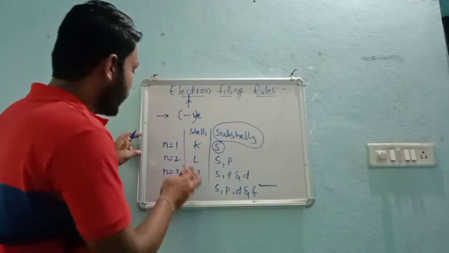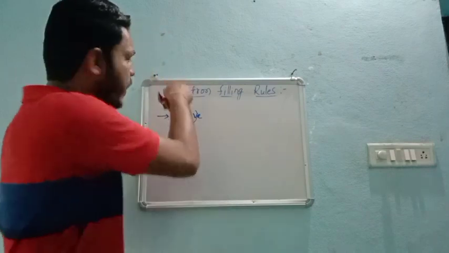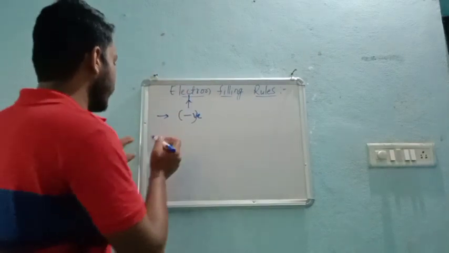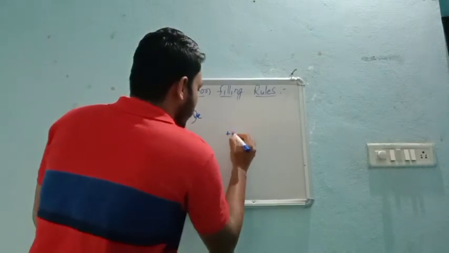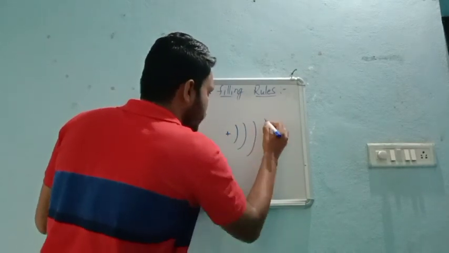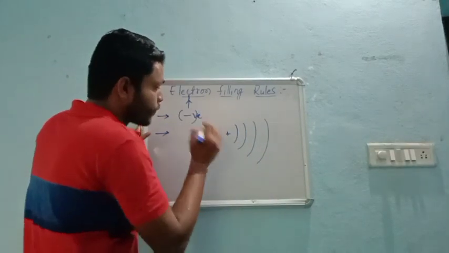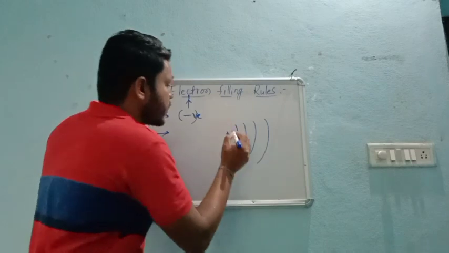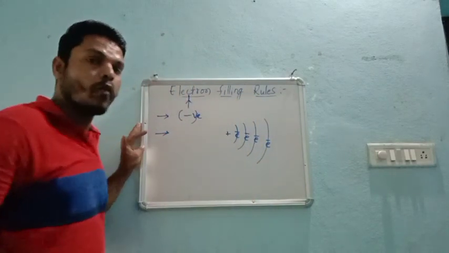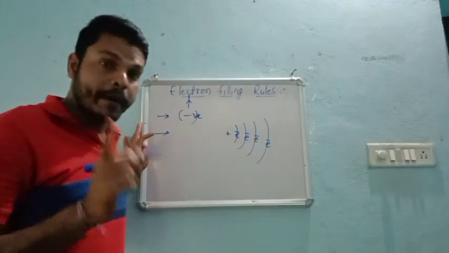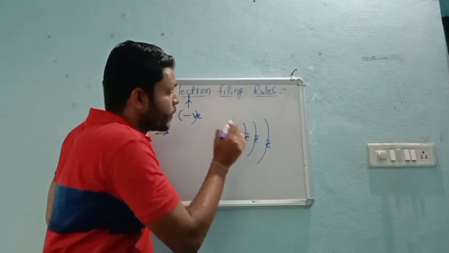So this is the second point about Bohr's atomic model of electron. And the third point he suggests is, we have already drawn one diagram, these are the different energy level diagrams. Now the third point he says is, each and every shell has its own electrons, but this point is very important, listen carefully.